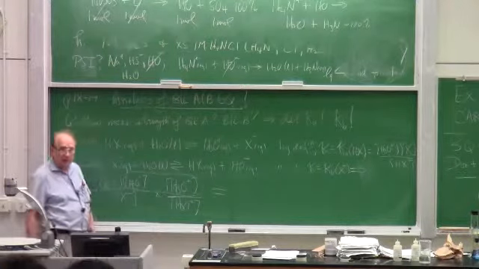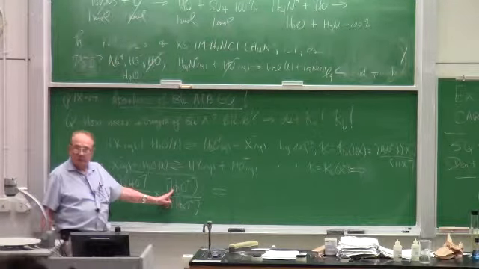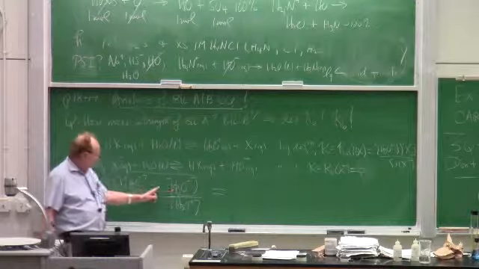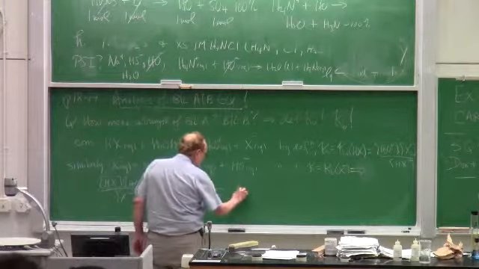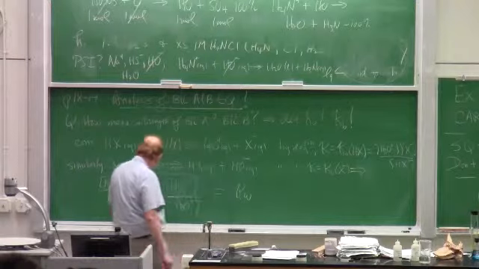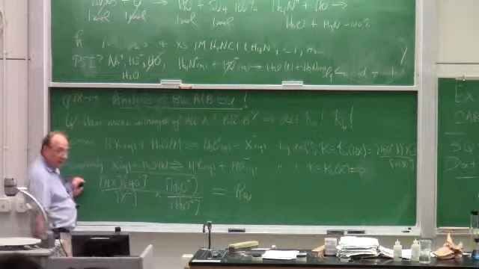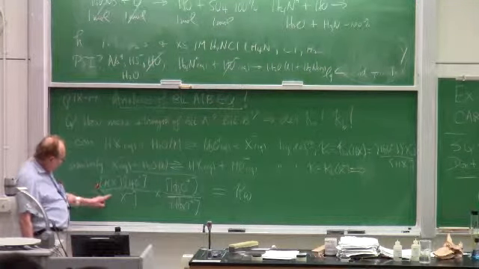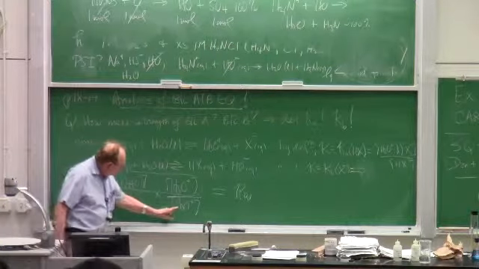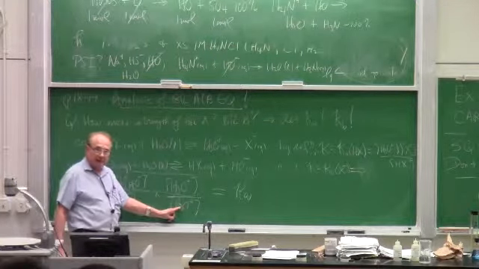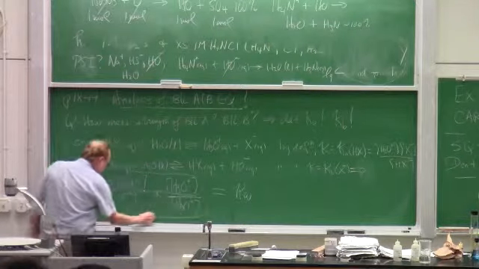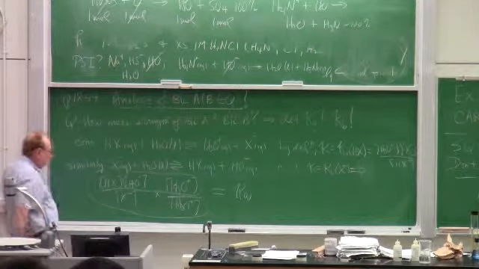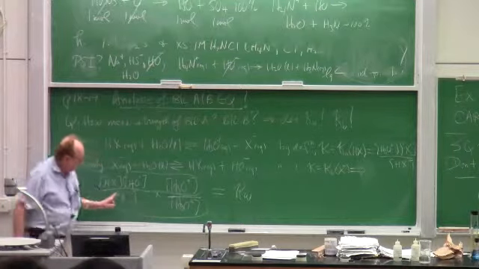In water solution, what do I get if I multiply the hydronium ion molarity times the hydroxide ion molarity? I get Kw, don't I? So I will have Kw times the HX molarity divided by the X minus molarity, and also in the denominator, hydronium ion molarity.